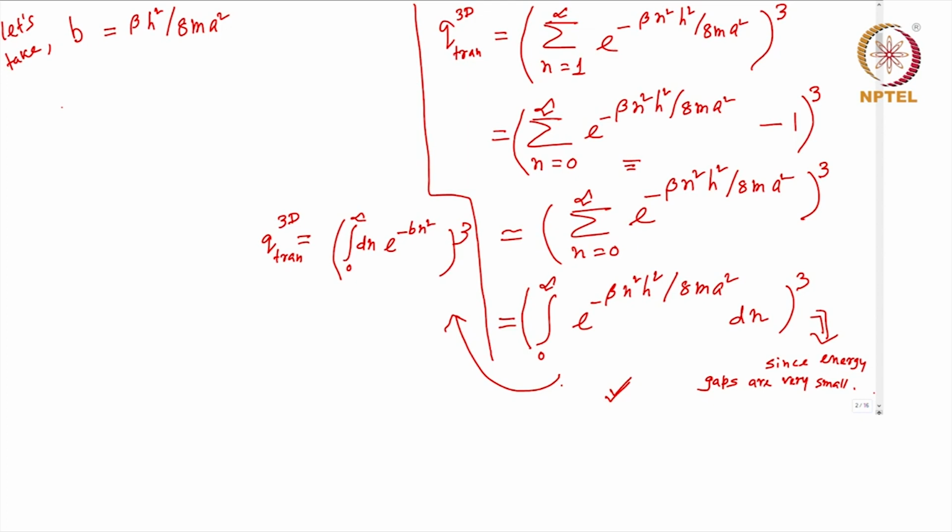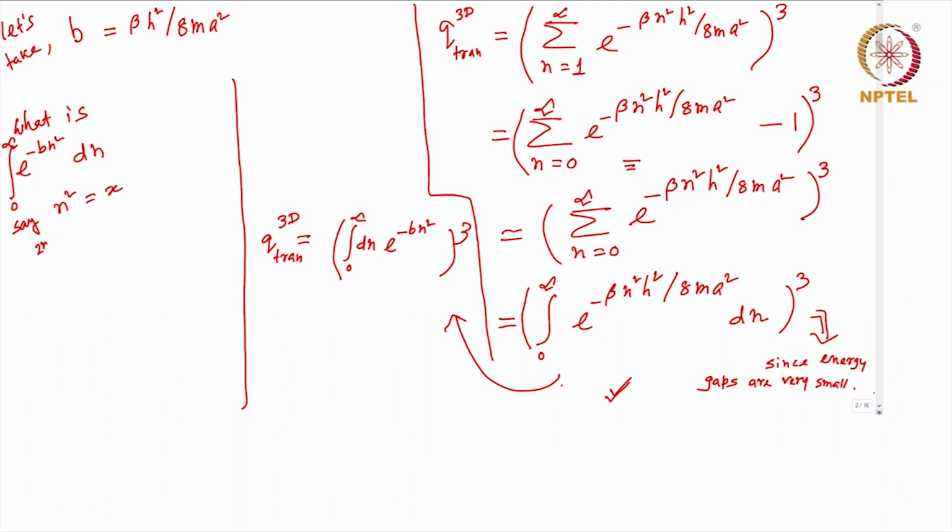And we are now trying to find out what is e to the power minus b n square dn, with the limit 0 to infinity. Let us say n square is equal to x.